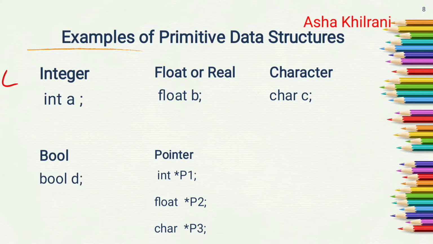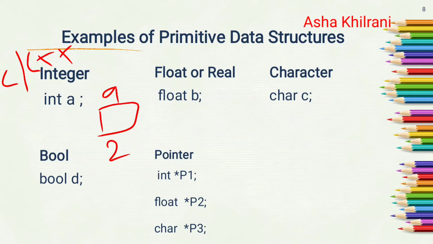In C or C++, you can create a primitive data type by writing int a semicolon. So 2 bytes of memory will be allocated to the variable a, and the program can store a single integer value in this variable a and can also access the value of a.